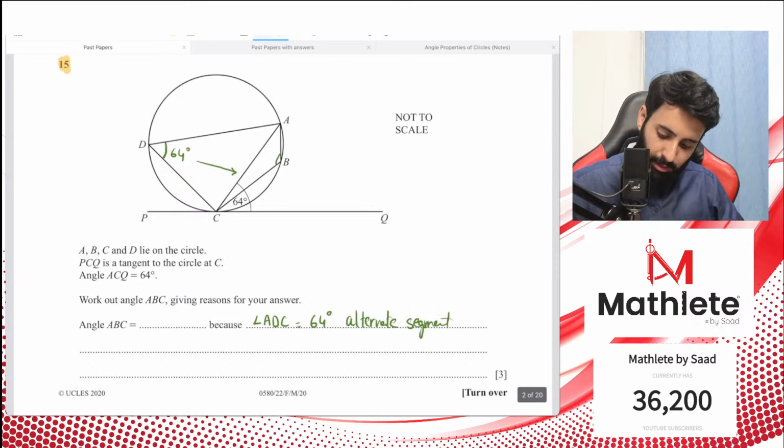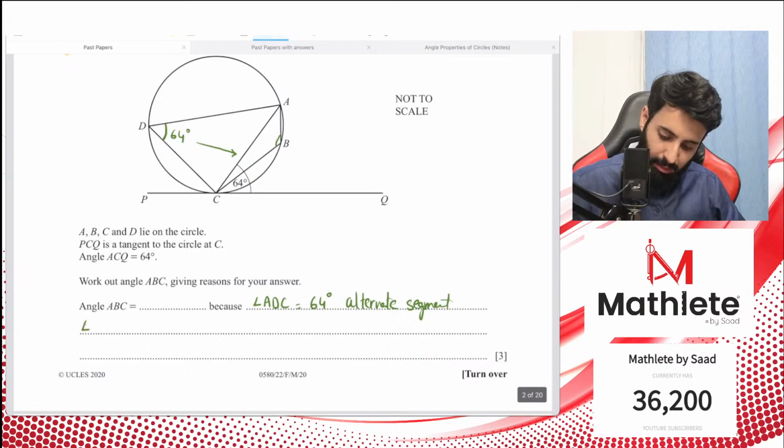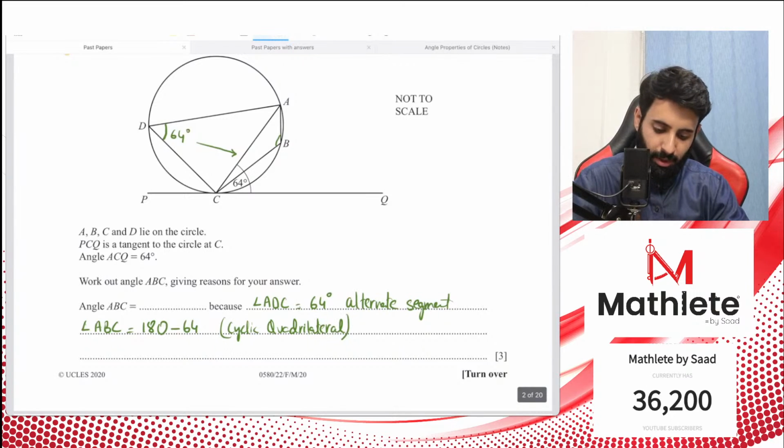Now what we can work out is angle ABC. Angle ABC will be equal to 180 minus 64 degrees, because it's a cyclic quadrilateral. Make sure that your reasoning is short and to the point. So 180 minus 64 is equal to 116.